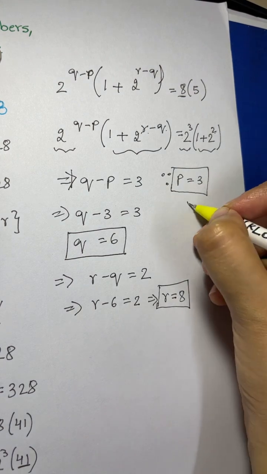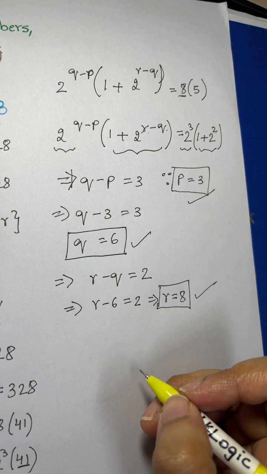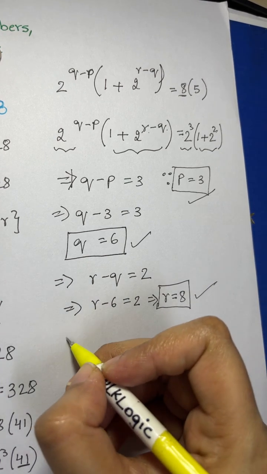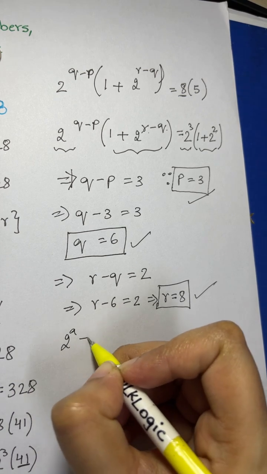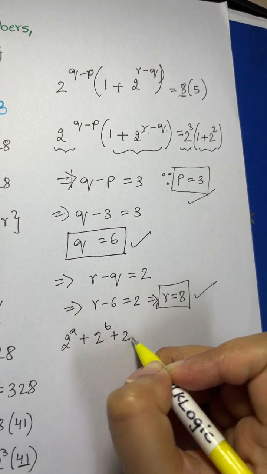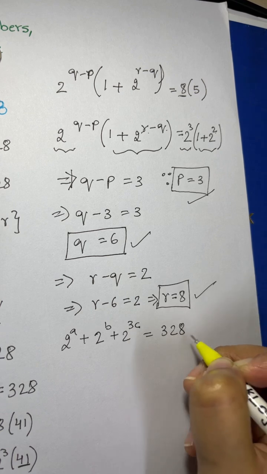So you've got p, q and r. But we want a, b, c and the ordered pairs of that. So we have the equation 2 to the power of a plus 2 to the power of b plus 2 to the power of 3c is equal to 328.